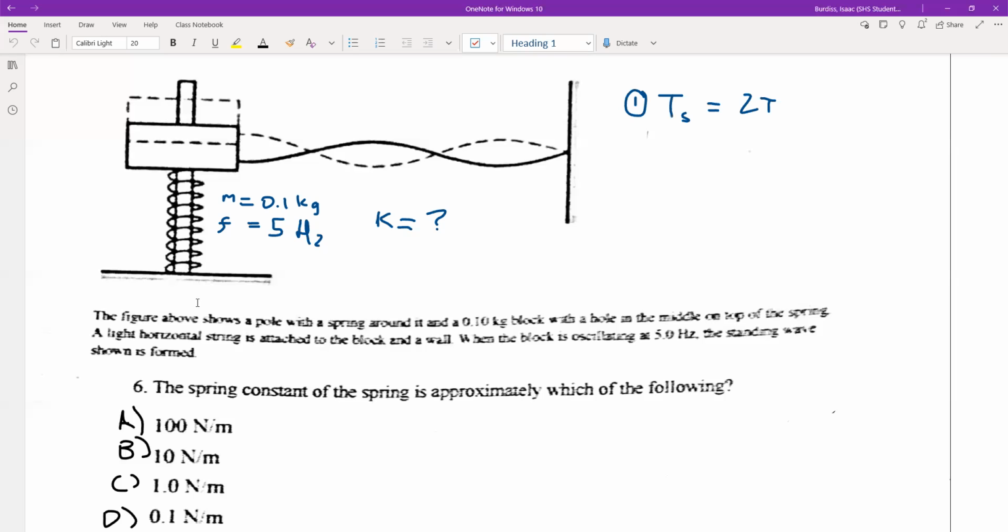We know that. So we need to first find this, and then we'll be able to find this. So you break it into steps. First, we need to know that the frequency equals 1 divided by the period, and the period also equals 1 divided by the frequency.